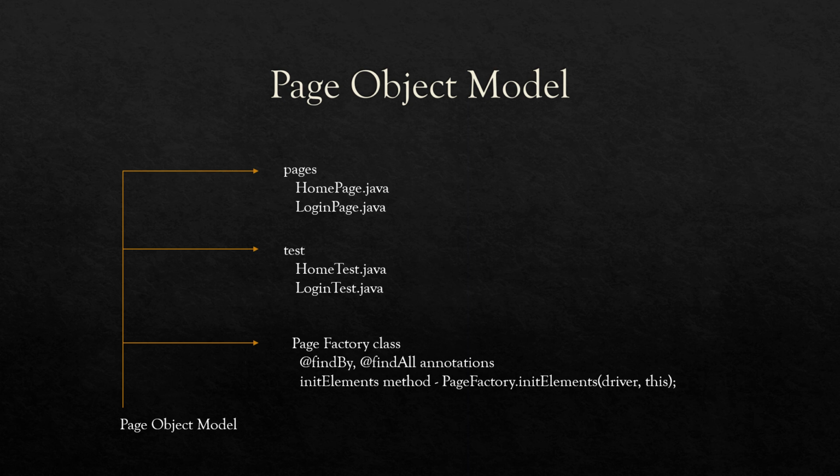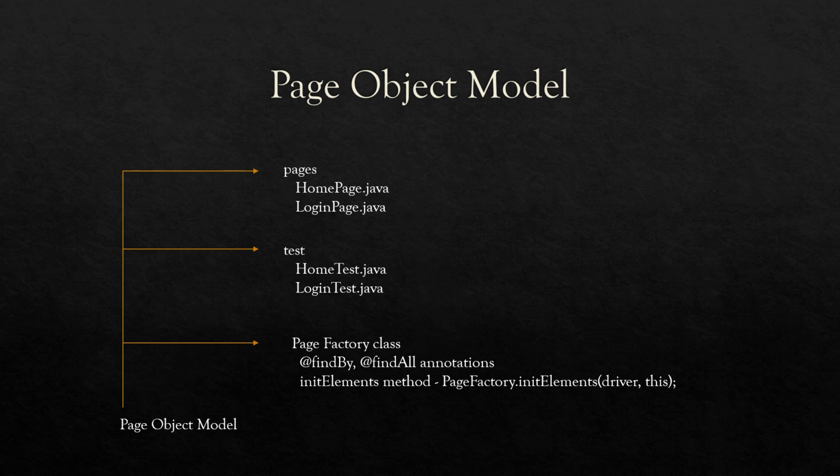For every page in an application we have a separate page class, and the element locators and the actions we perform on them reside in the page.java file, while the tests reside in the test.java file. In the test file we call the methods created in the page file. Here you can see HomePage.java, LoginPage.java, HomeTest.java and LoginTest.java. We have this sort of structure in the page object model.